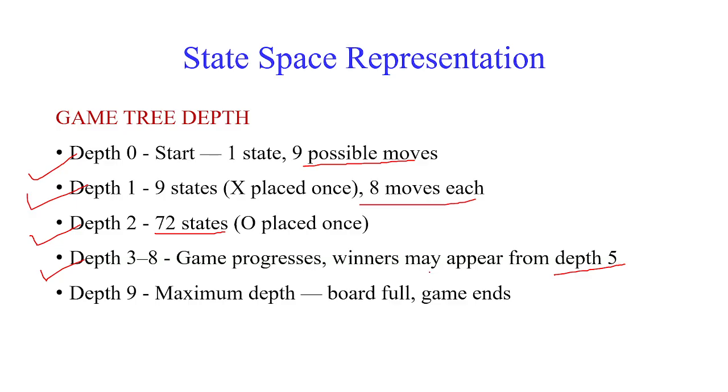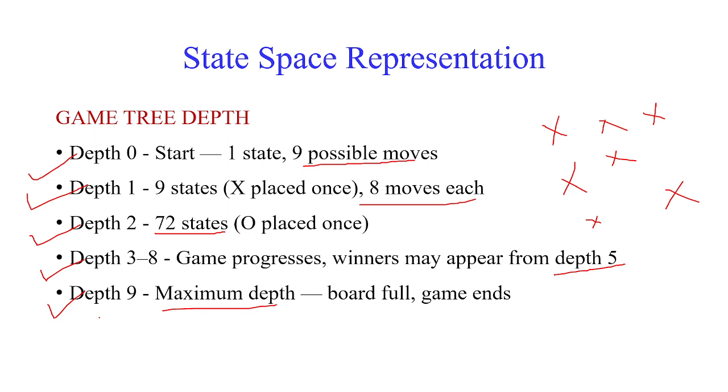When someone gets their third mark in a row, if X places in any of these, or O places in any of these, then it's a win. This starts from depth 5 itself. At depth 9, the board is full and the game must end. That's the maximum depth.